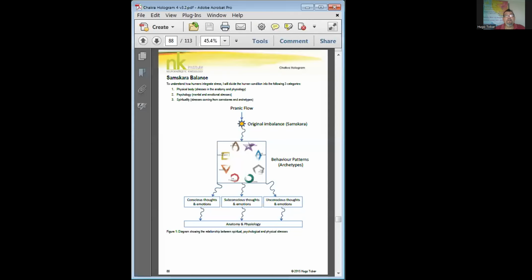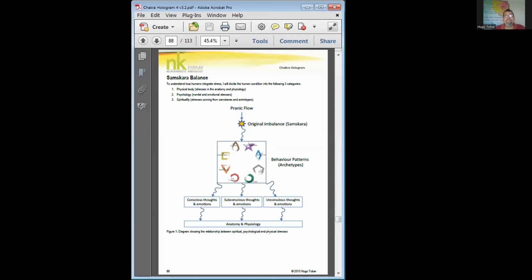After I visited him, I went to Germany and I was working with a client there, and this balance formed. Just to explain how it works, the samskaras are like what the Tibetans and the Hindus would say, it's what drives reincarnation.